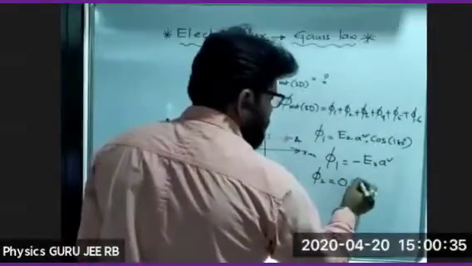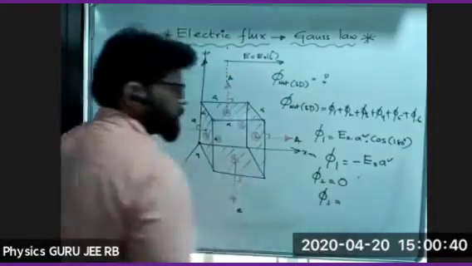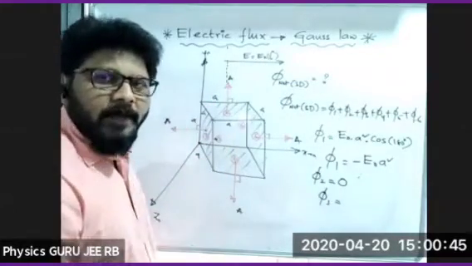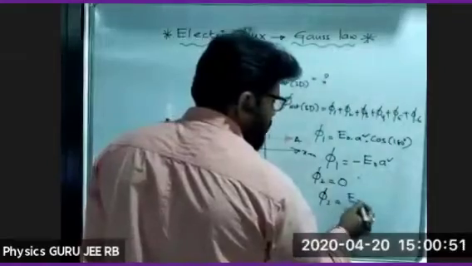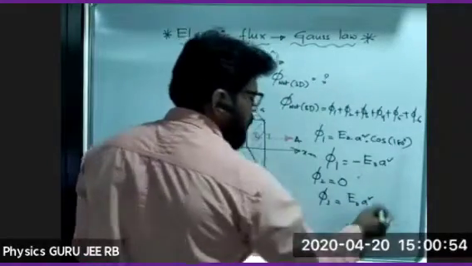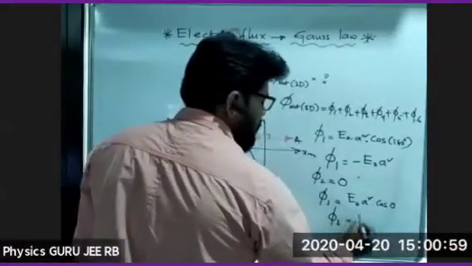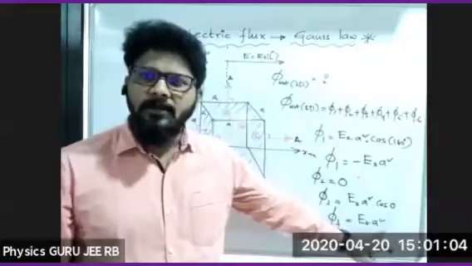Next, phi 3. For the third surface, how are the area and electric field? Parallel. Theta is equal to 0. When theta is 0, E naught into area A square into cos 0. Cos 0 is nothing but 1. Phi 3 is equal to E naught into A square. Is it clear? Phi 3 is nothing but E naught into A square.